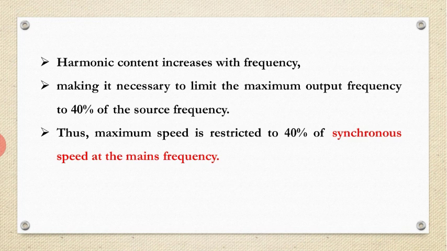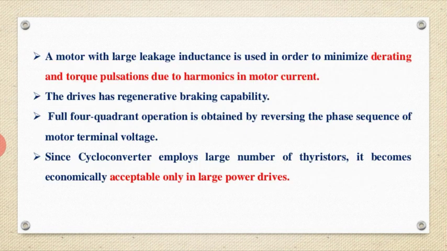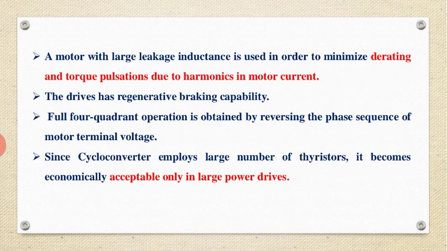Hence the speed is restricted to 40% of the synchronous speed of the mains frequency. A motor with large leakage inductance is used in order to minimize derating and torque pulsation due to the harmonics in motor current.